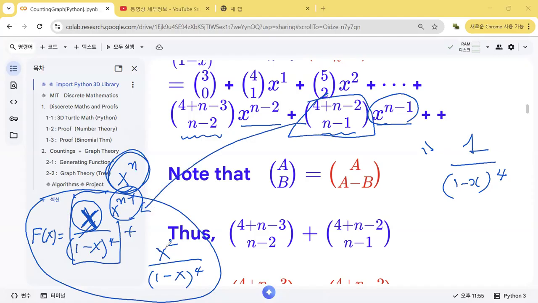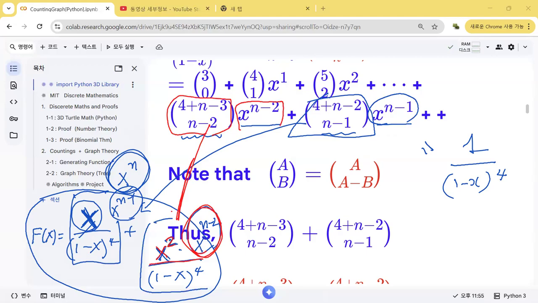In this case, the numerator now has x squared, and to make x to the n, we need x to the n minus 2. The product of those two makes x to the n. So for this part, we need the coefficient of x to the n minus 2, and multiplying by x squared gives x to the n. This coefficient belongs to this part, the red one, and this one.